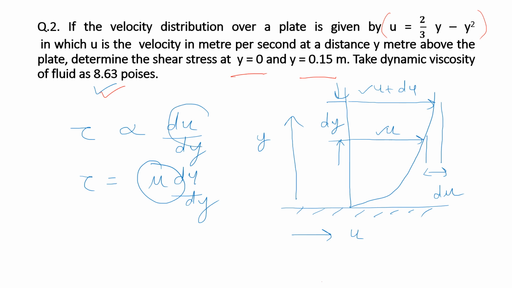And du by dy, this quantity is known as rate of shear strain or rate of shear deformation. We also call it velocity gradient. Now we need to find shear stress here. So we should have these two values for finding this. So let's start the solution of this problem.